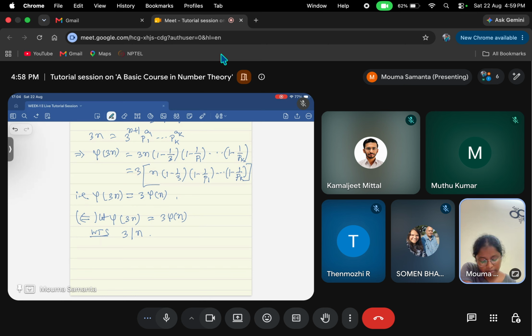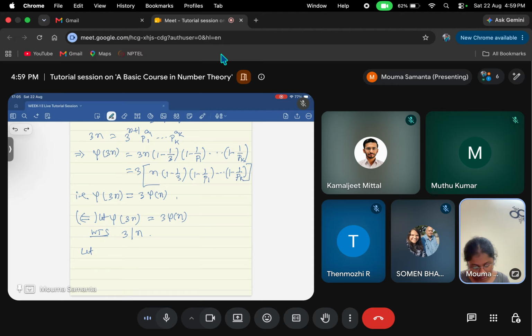This is one way, but okay, let's try that way. If we don't get it, then we will use the method of contradiction. But I think that will be difficult to show only from this condition. It will be difficult to show that 3 is one of the primes in the prime decomposition. So my suggestion is to use the method of contradiction.